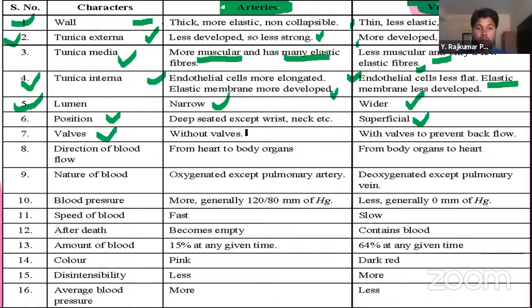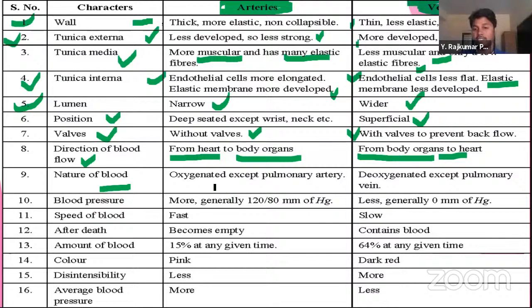Let's see valves. Arteries are without valves and veins have valves. We will study valves in further slides. Direction of blood flow: arteries take the blood from the heart to body organs, whereas veins take the blood from body organs to the heart, just opposite to the arteries.